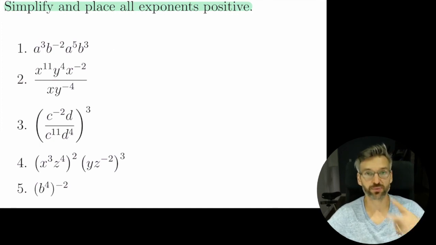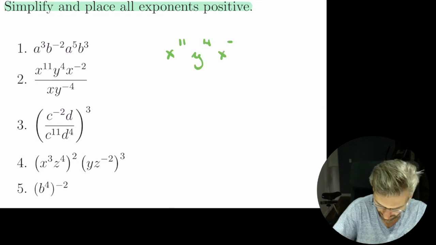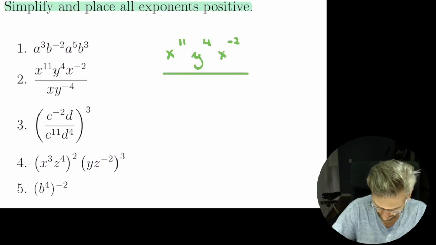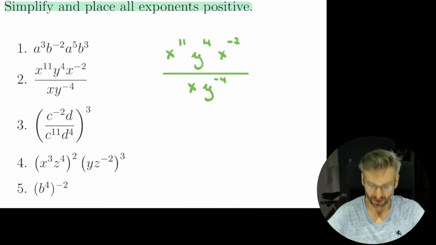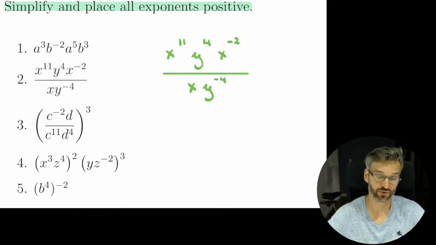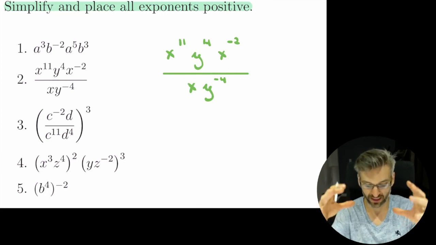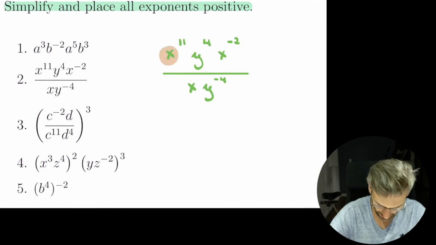For example number 2, we have something a little bit more complicated. So x to the 11, y to the 4, x to the minus 2, and then at the bottom we have an x, I guess it's to the 1 because it doesn't have an exponent, and then y to the 4. What I like to do whenever I apply these exponent laws, because they are intertwined here and you're actually using several at once, is this. First, clearly we have just one big term. We have all of these x's, so x here, and then x here.